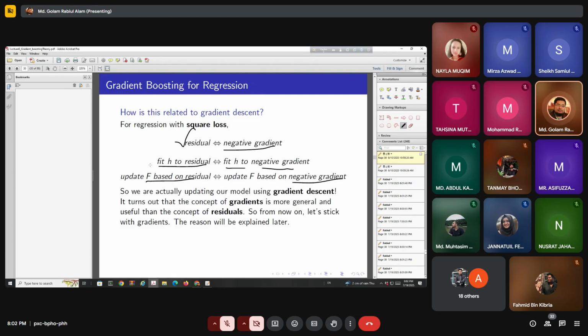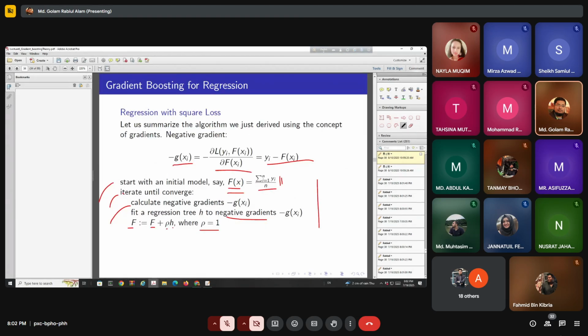Now it's easy, because every time we calculate the residual, we are following the gradient principle. So in our algorithm, we will utilize this.